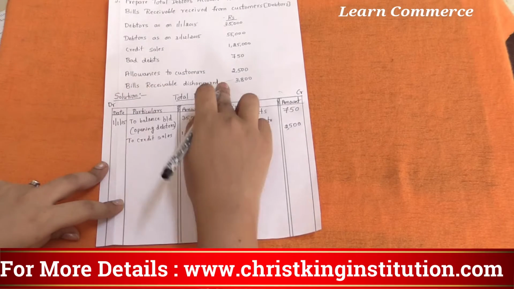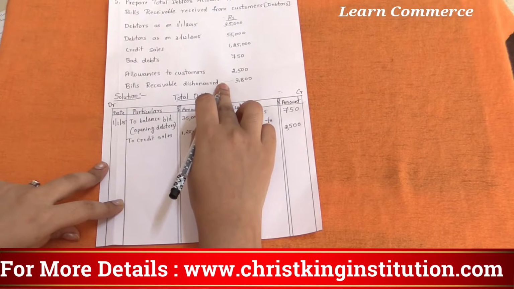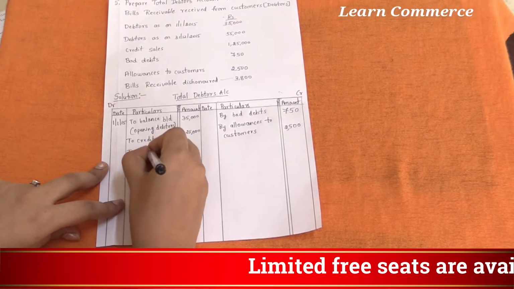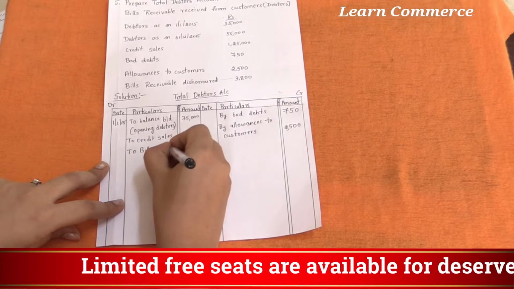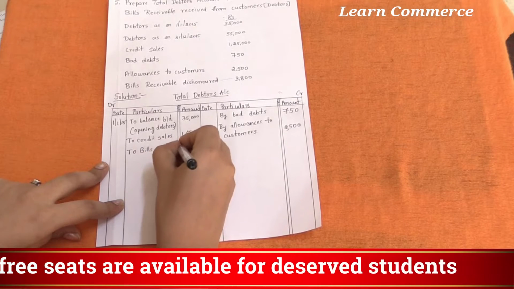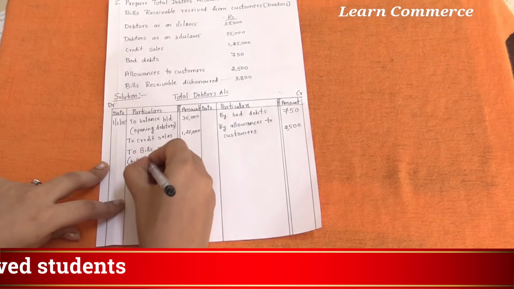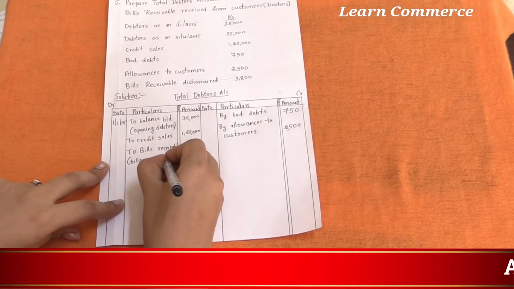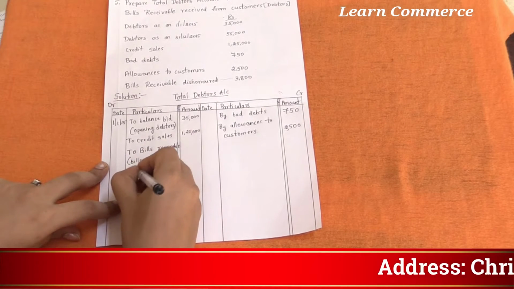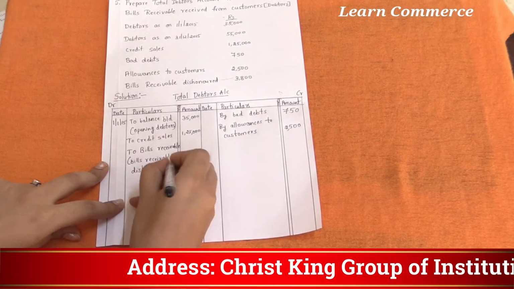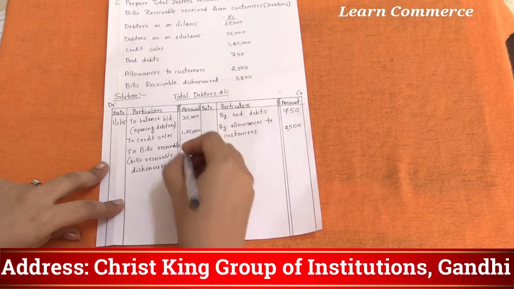That should be recorded on the debit side, to bills receivable, in bracket bills receivable dishonored. The amount given is 3,800.